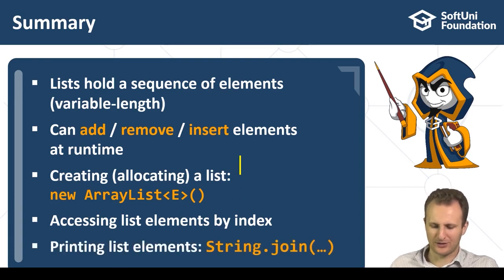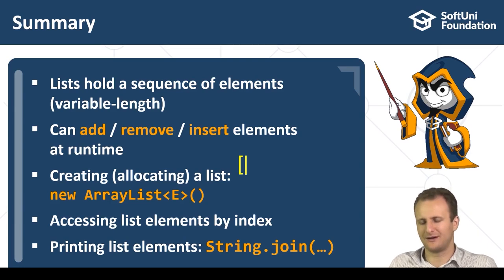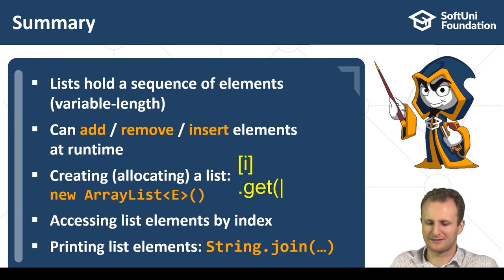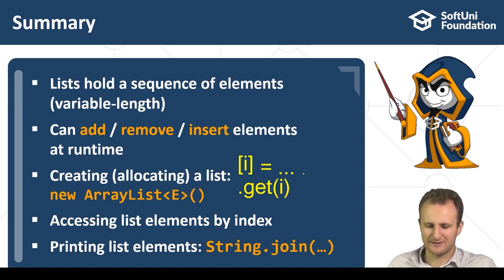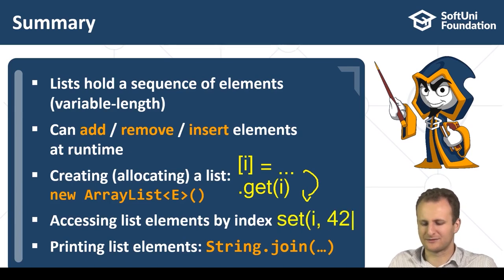So when you have the array operation "give me the element at index i," that's equivalent to the list operation get from i. If you want to say the element at index i is equal to something, well, that is the equivalent of saying set at index i the element, for example 42.